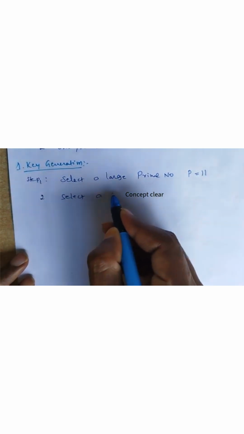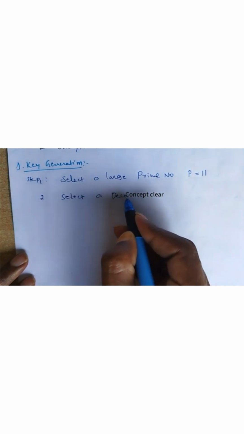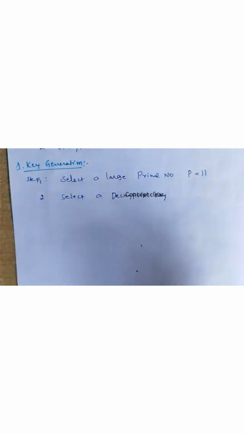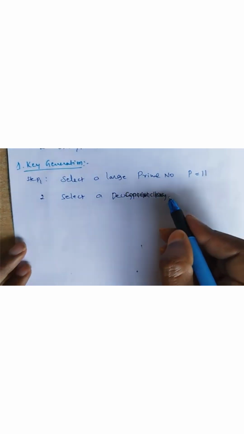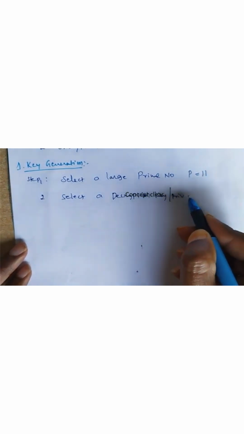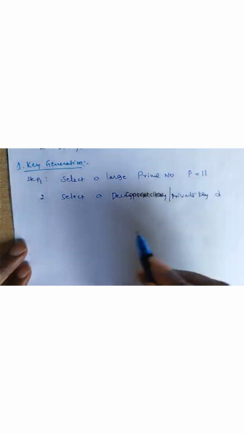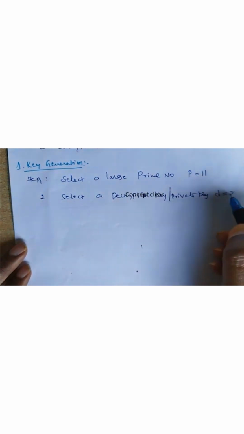Next, step 2. Select a decryption key. Decryption key means what? Private key. The decryption key is called the private key, D. Here I am taking D equals 3.